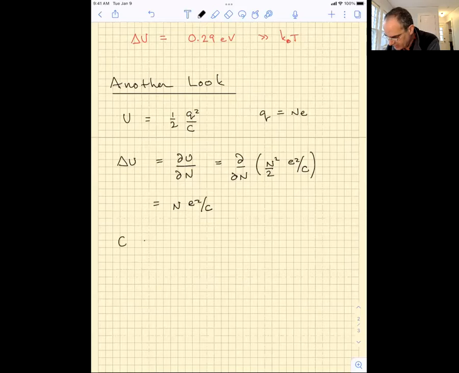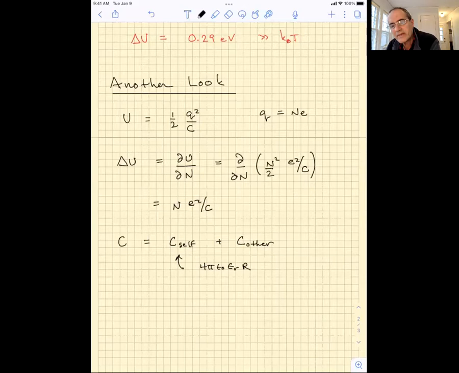Now, if our quantum dot is a sphere, then for an isolated sphere, we know what the capacitance is. Let's call this the self-capacitance, okay? And then presumably there'll be capacitance due to the presence of other conductors around it, which we'll very imaginatively call C other. Now we can see where our previous result came from. The self-capacitance of a sphere is just 4 pi epsilon naught epsilon_r times r.